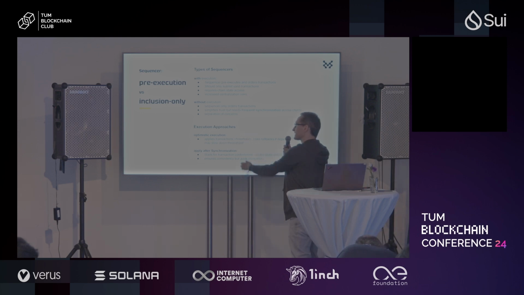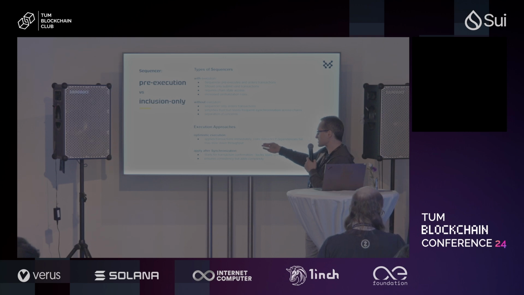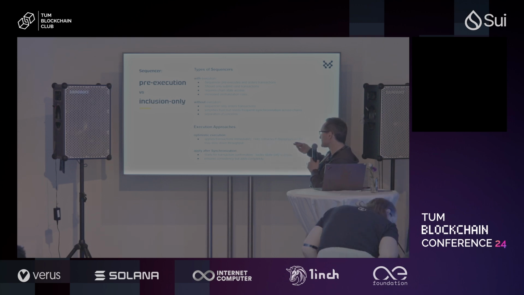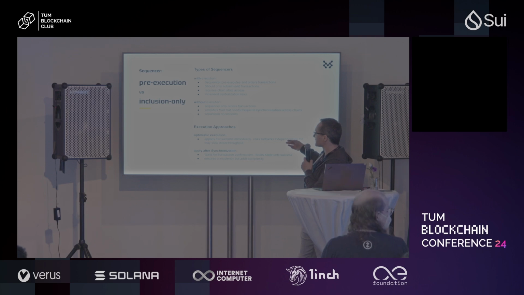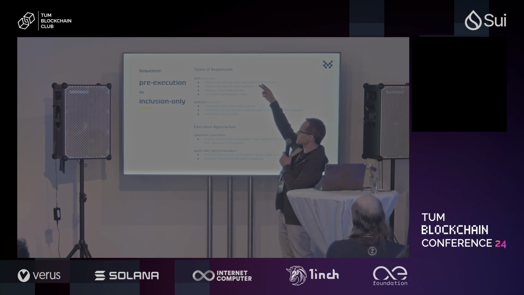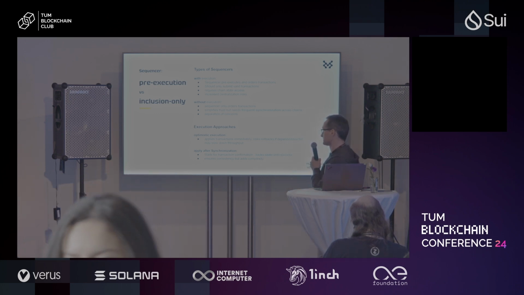But then you can have, as an execution approach, optimistic execution. As soon as you receive your transactions, you can, as a chain, apply them directly, and you would hope that the rollbacks are not very frequent, because you could impose some sort of slashing condition on the sequencer if it submits transactions that are actually not executable.